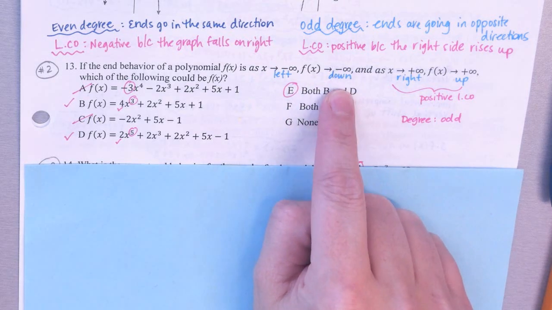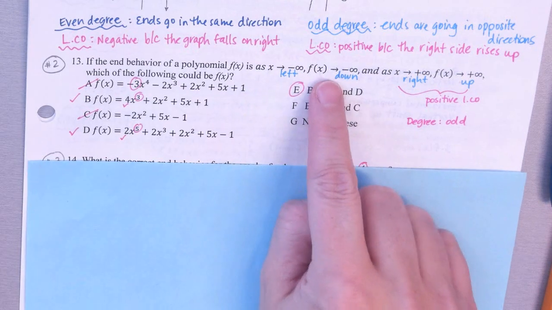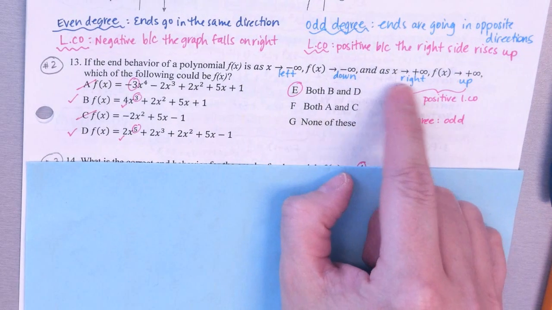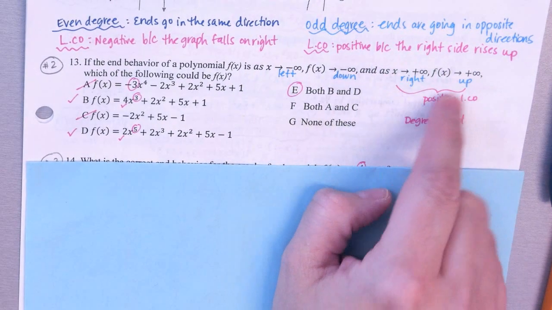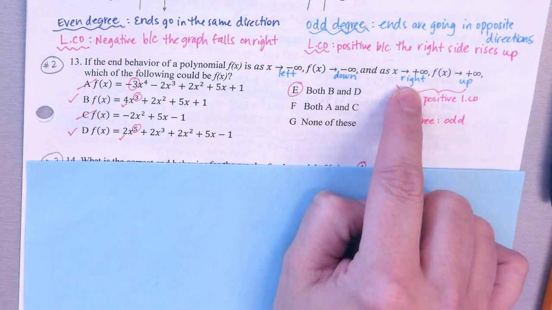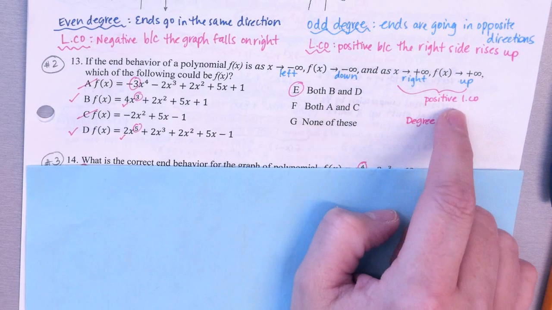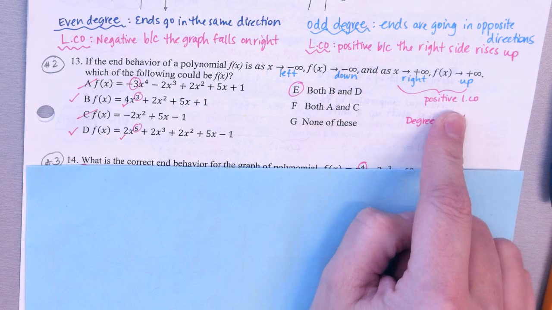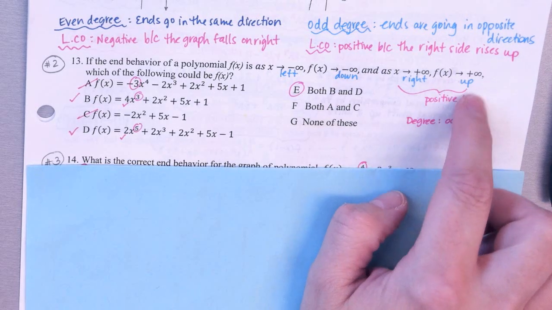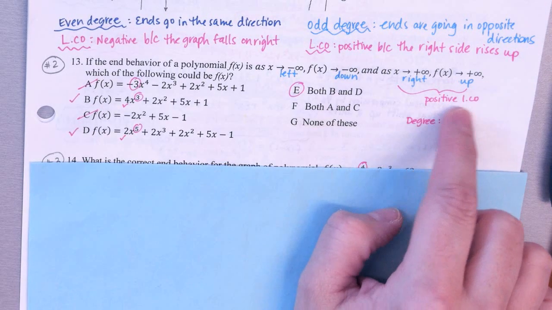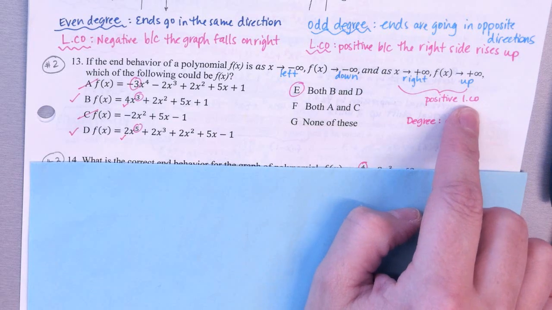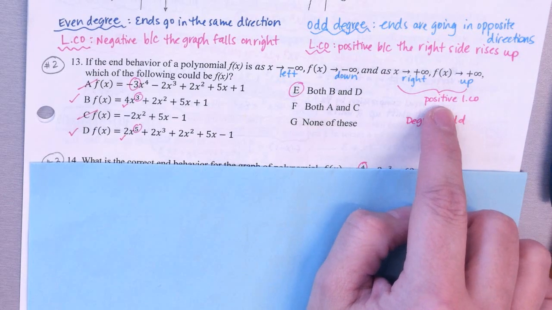F of x goes to negative infinity means down. So on the left side it goes down, on the right side it goes up. Well, we know that the right side tells us about the leading coefficient, whether it's positive or negative. But because it's going up, that means that it's a positive leading coefficient.